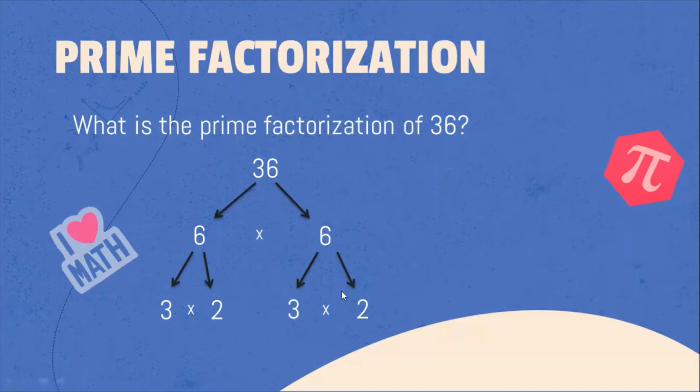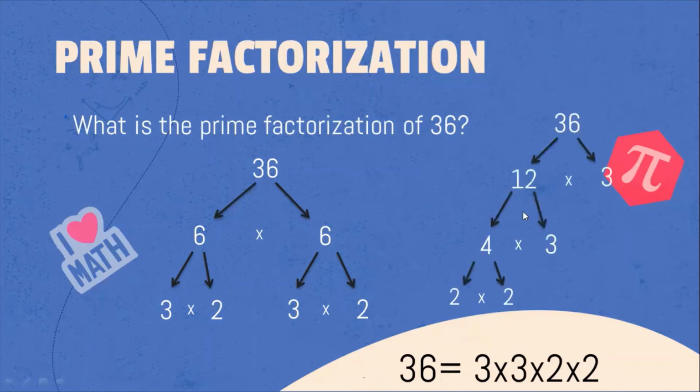That's why we now have the prime factors of 36. The prime factorization of 36 is 3 times 3 times 2 times 2. If you get the product of these four numbers, it will lead you to 36.